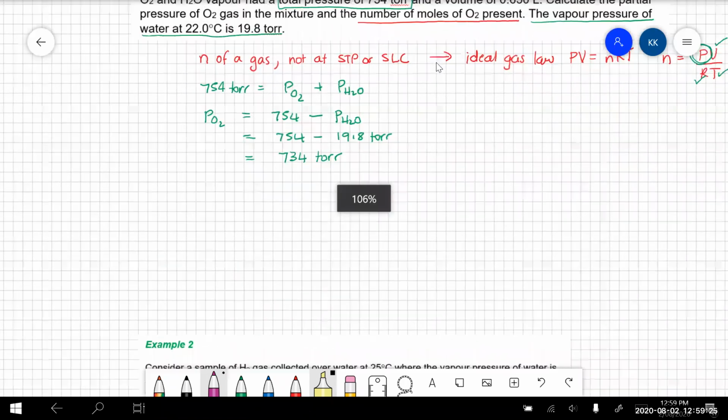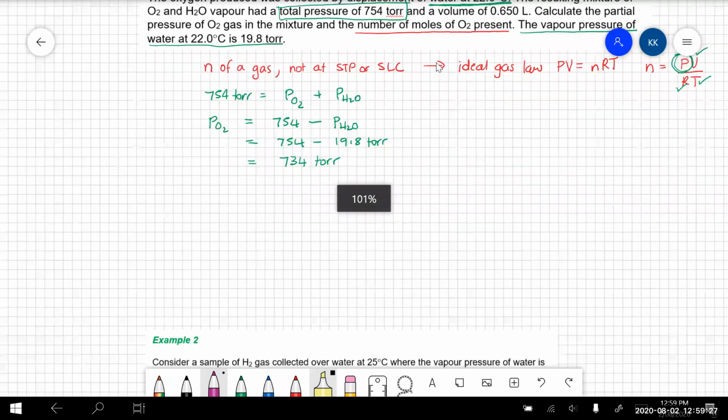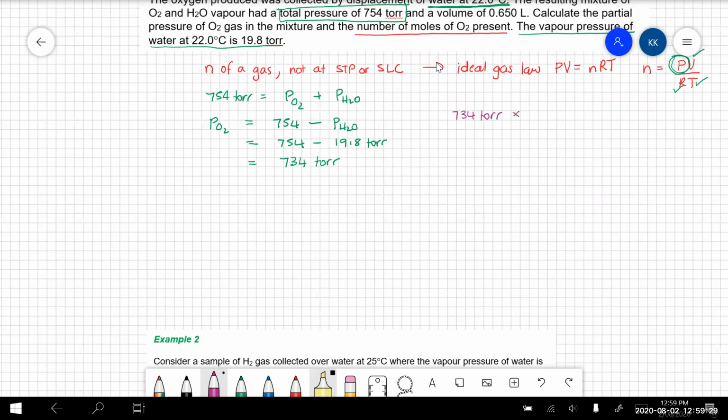So 734 torr, using the multiply by 1 method, I want kilopascals. So I've got 101.325 kilopascals over 760 torr, or 760 millimeters of mercury. The torr will cancel out, and I end up with 97.9 kilopascals.